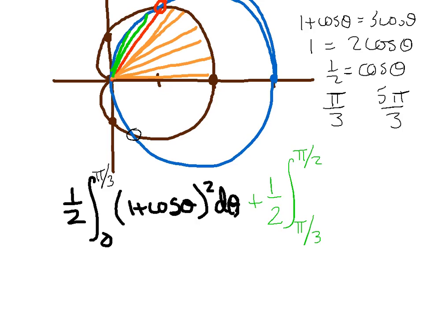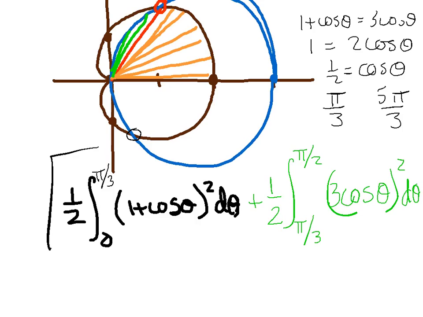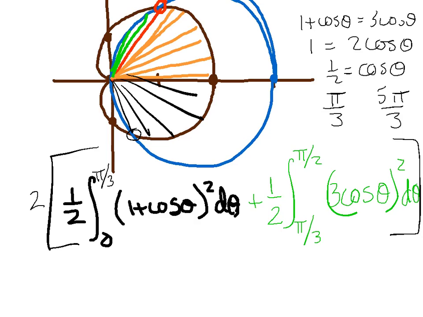The blue graph is just 3 cosine of theta, squared, d theta. The sum of those two integrals gives you the total area combined by those two graphs, except now we've got to double the whole thing, and that'll account for this area down here as well, and now you really do have the total area.